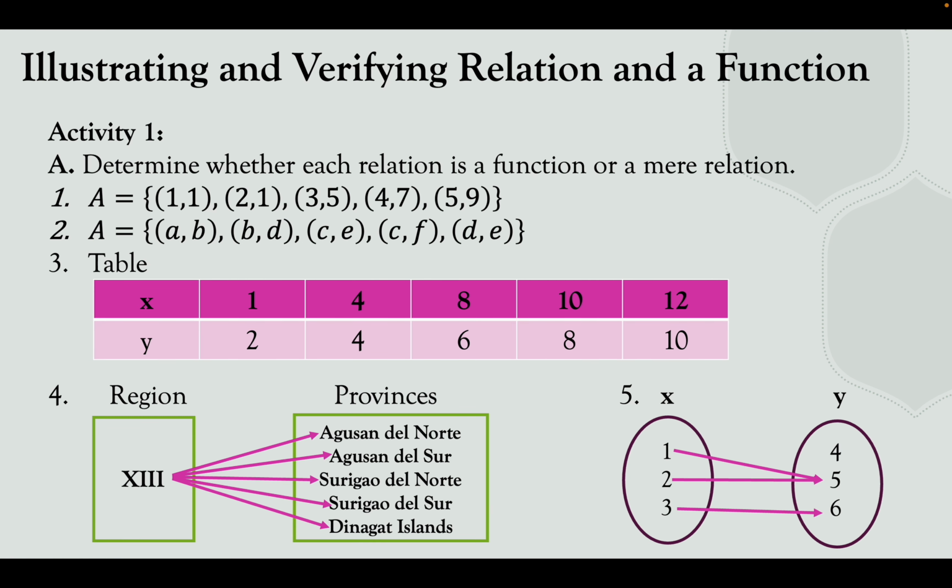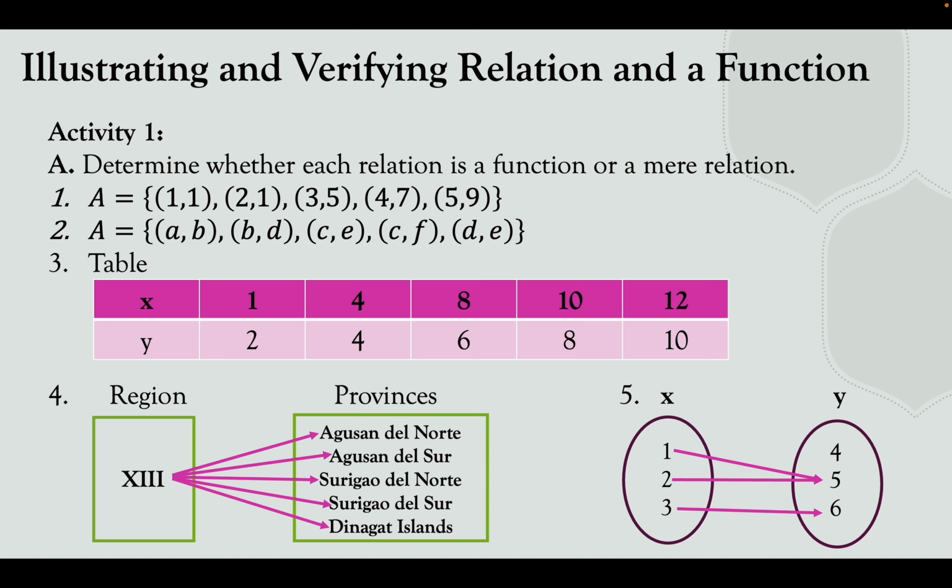Now, for your activity, you need to copy and answer this on one whole yellow paper, and then submit it during the resumption of our class. In part A, determine whether each relation is a function or a mere relation.